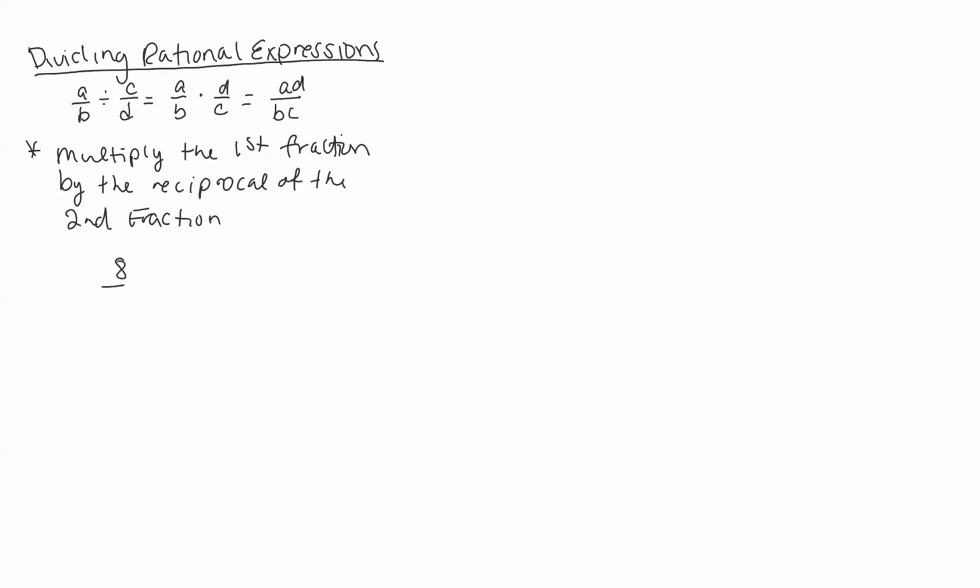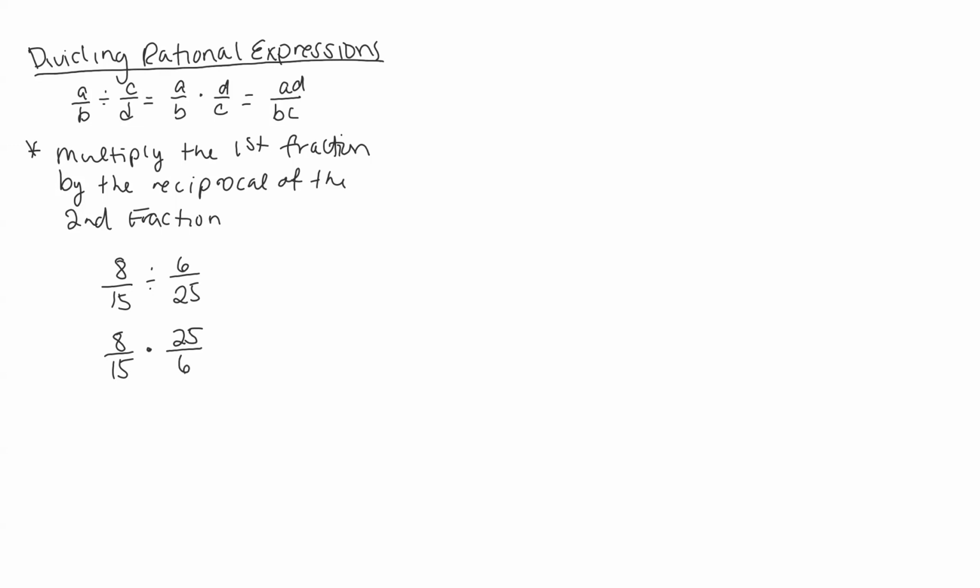Let's say we have 8 over 15 divided by 6 over 25. Well, I don't want to do anything until I rewrite this as multiplication. What we find out is that we don't actually know how to divide fractions, but we can convert division to multiplication by multiplying that first fraction by the reciprocal of the second fraction. So 8/15 divided by 6/25 is exactly the same as 8/15 times 25/6.